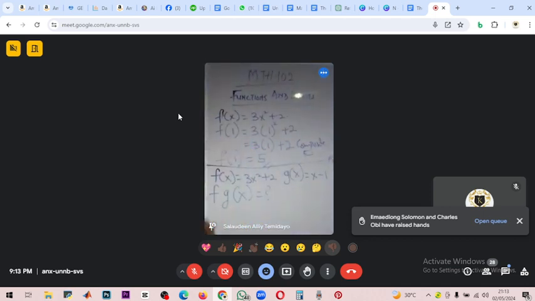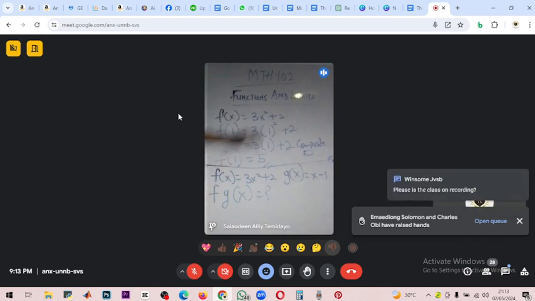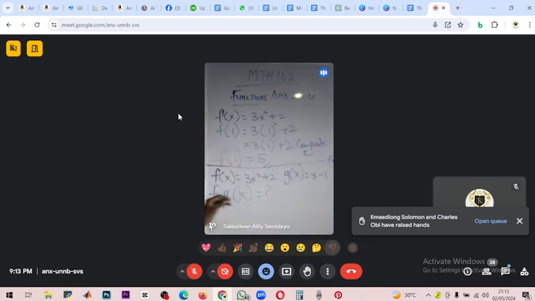So I now said f of 1 is this, right? F of x equals 3x squared plus 2. So therefore, g of x is this. So therefore, f of g of x should be 3 times, wherever I see x, I'm putting g of x inside it. Because when I said f of 1, wherever I saw x, I put 1 here.